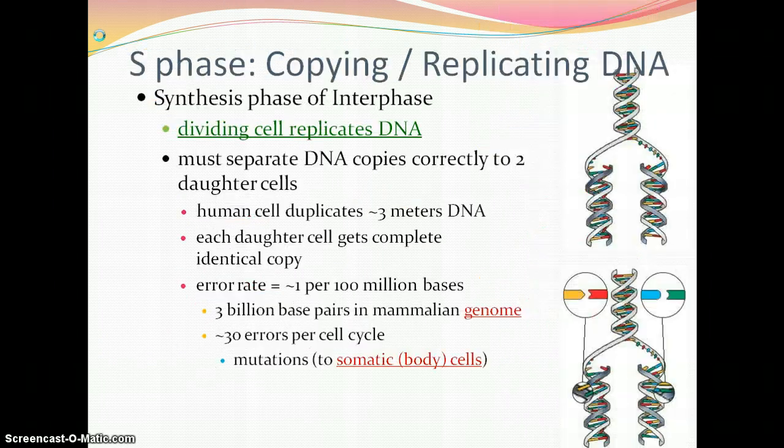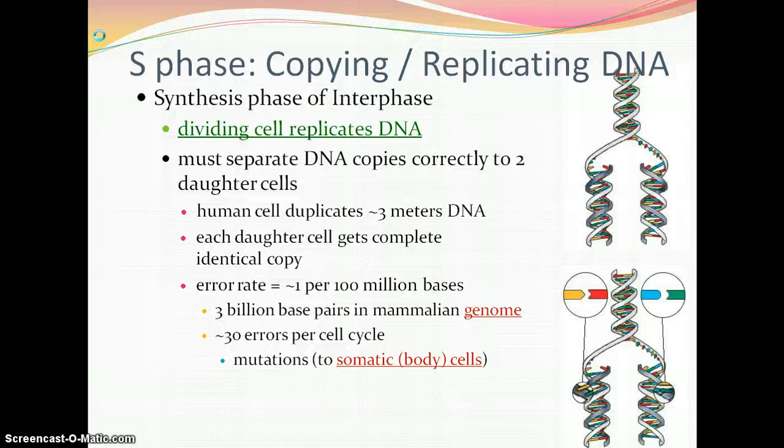And going back again, I just want to make sure you have a chance to look over these different facts. The human cell duplicates about 3 meters of DNA. And with all of that replication, there is still only an error rate of about 1 per 100 million bases.